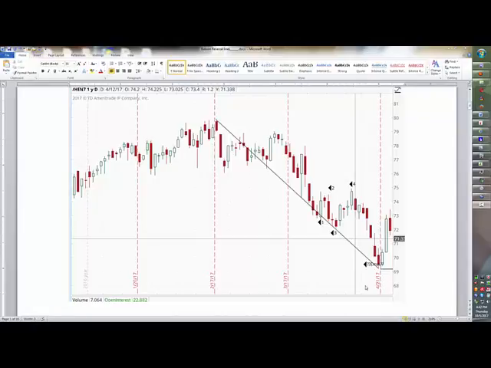Here, remember Andrew said that what happens just before a significant major pivot or reversal is you often will see an EP. Here you look at 5, 4, 3, 2, 1.